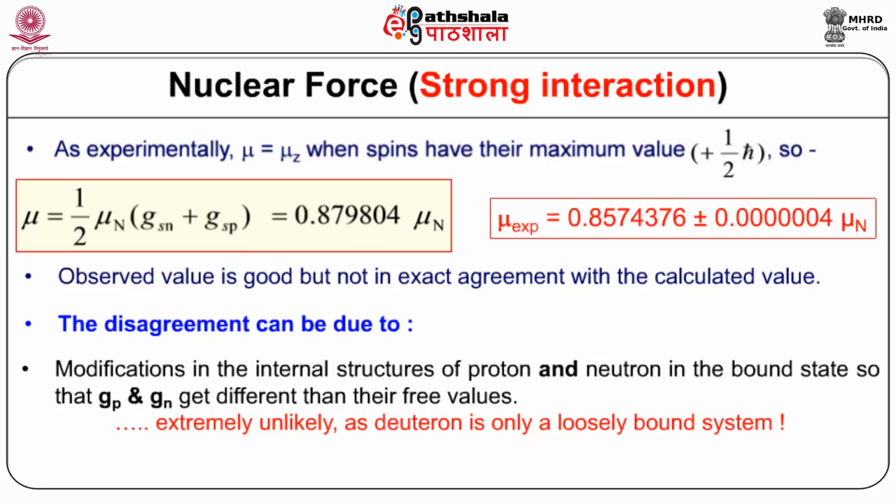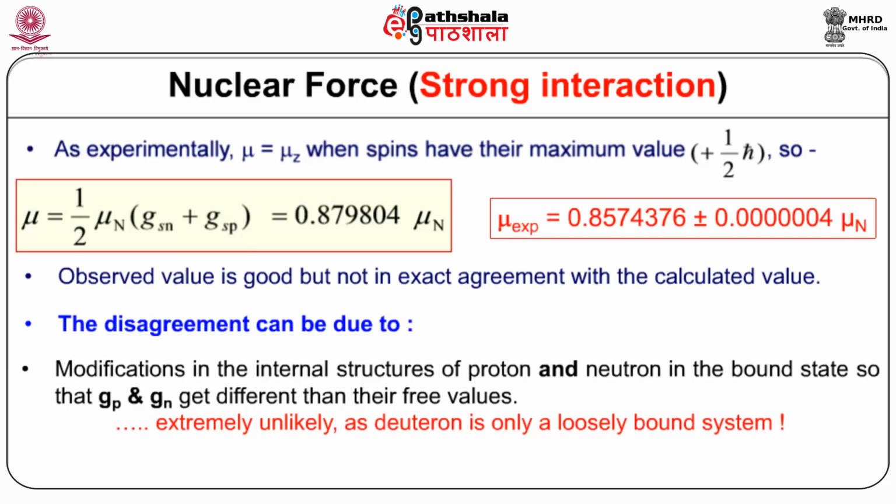One important point in the disagreement can be that the Gp and Gn that we used in calculating the value of mu are different from their free values, because in the calculation we have used their free values, which are the maximum ones. But when the nucleons are in the nuclear environment, they are not free, and so the Gn and Gp values will be different from their free values.